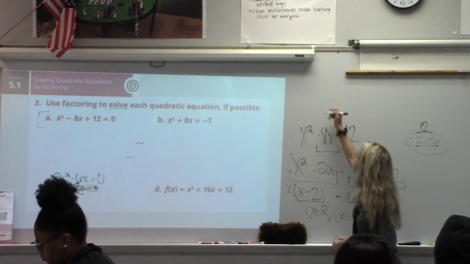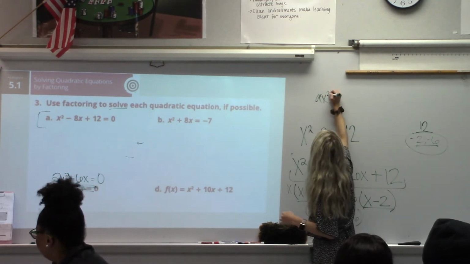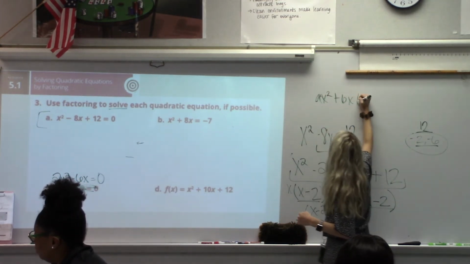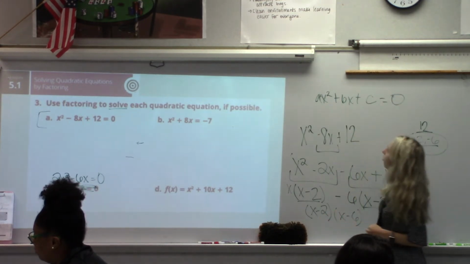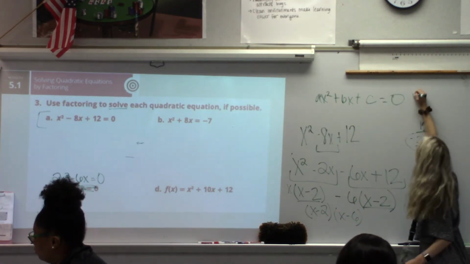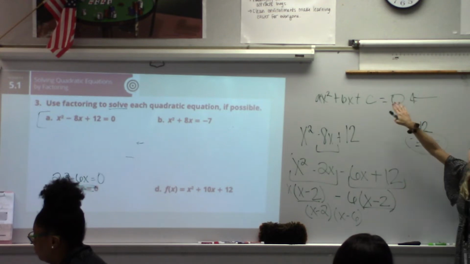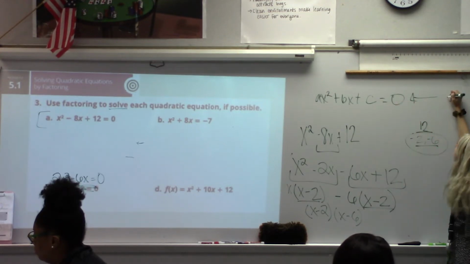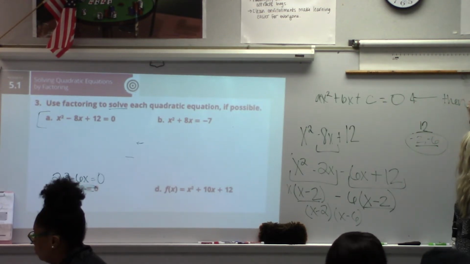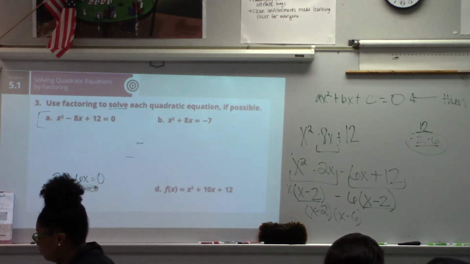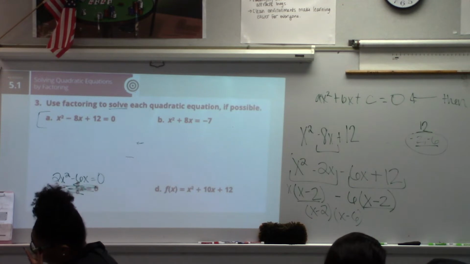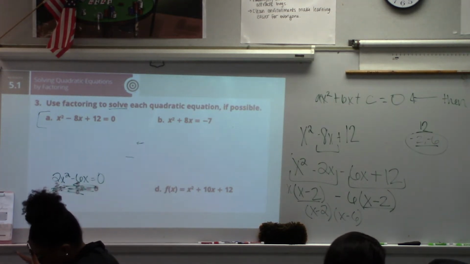So you have something in the form ax squared plus bx plus c equals 0. Once it looks like this, which you might even write down, then you can start factoring it. You can't forget we have to set it equal to 0 because we can't solve the quadratic in standard form.